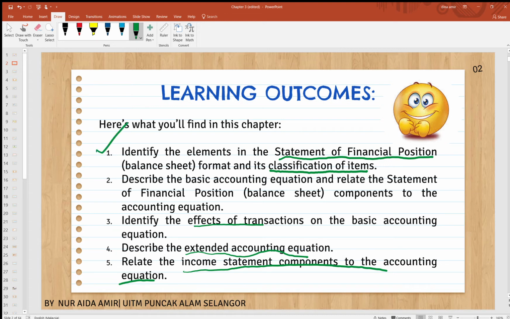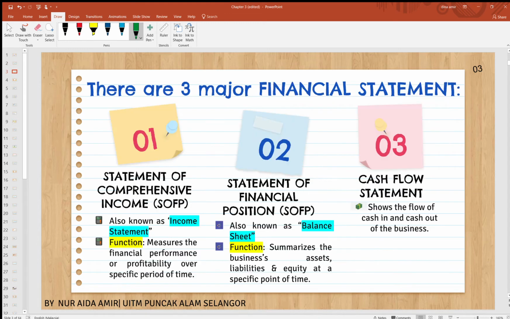Okay, next slide. First of all, before you start, as a non-accounting student, you need to know what financial statements actually are, and how many categories there are. When you open an annual report and search for the financial statement, it will show you different kinds of financial statements.